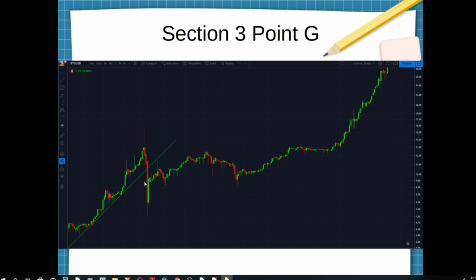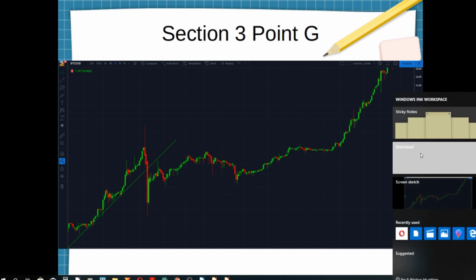We had a violation of the trend line. That's another principle. This is not pretty, this is not sharp. So we have a violation. As soon as we got a violation, we know that we have a change of the trend. Now I'm going to pull out the whiteboard.